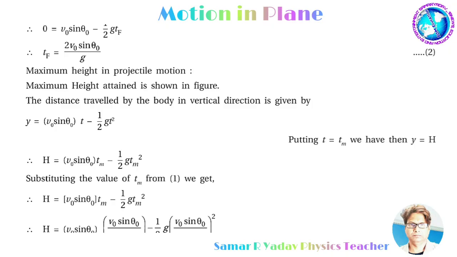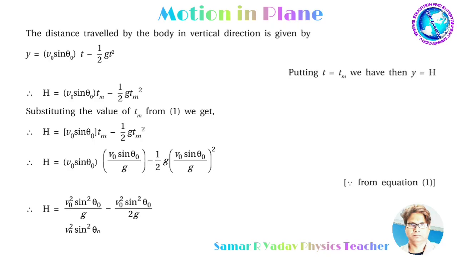Substituting the value of Tm from equation 1, we get h = (v0 sin θ0)(v0 sin θ0 / g) − ½ g (v0 sin θ0 / g)².